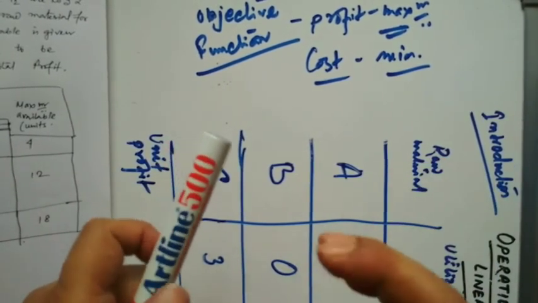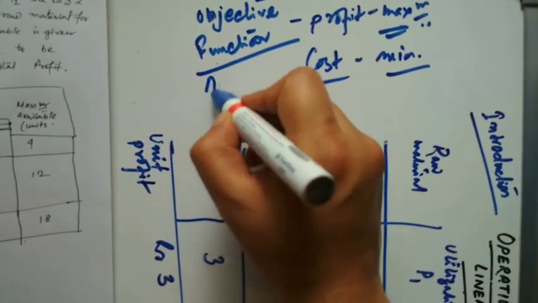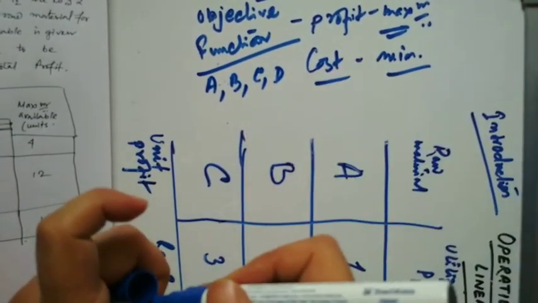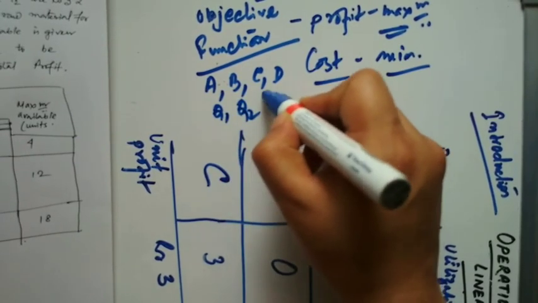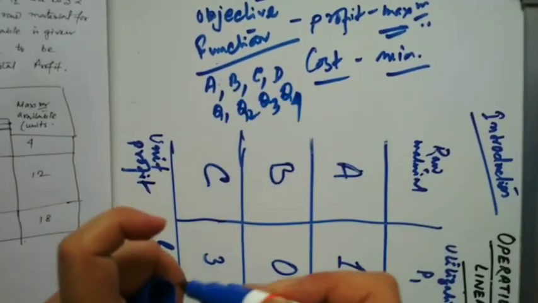For example, let us take a firm which produces 4 different products, say A, B, C, D, in quantities say Q1, Q2, Q3, and Q4. These are the quantities of these products.